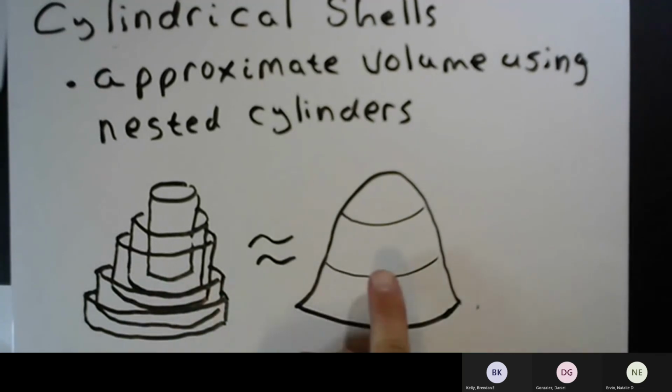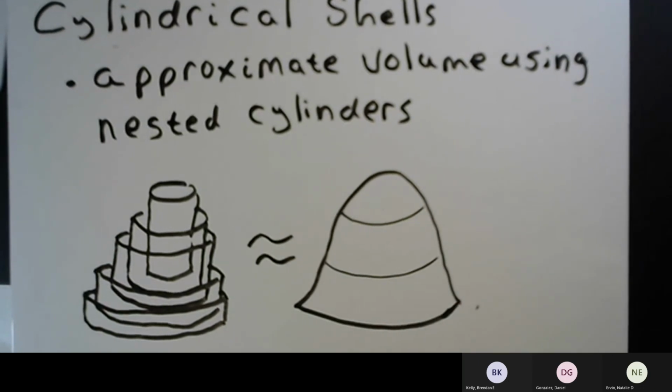So this is approximately that. So what we're going to do, we're going to add up all these cylinders. Now these are hollow cylinders, and they're going to have a little bit of a thickness to the walls, is what they're going to be. So hollow cylinders with a kind of wall thickness.